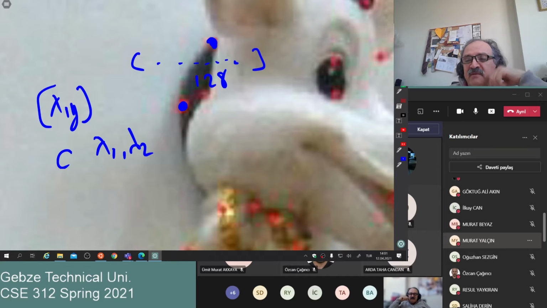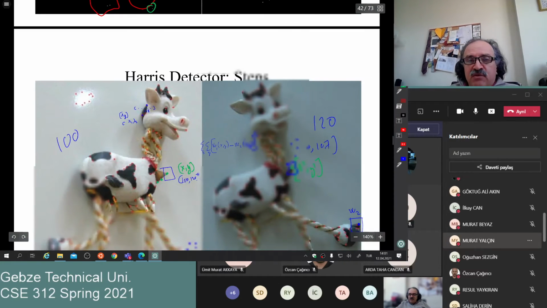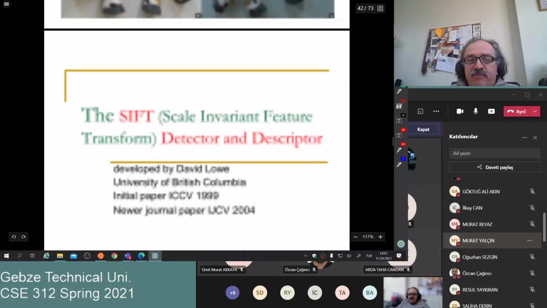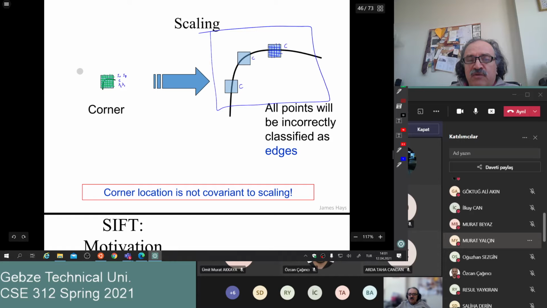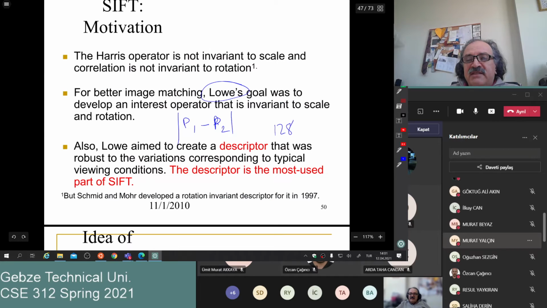These 2 vectors will be independent of rotation, scale, and position in the image. Okay, now it's clear. That's what we call descriptors. SIFT is good for finding the position of the interest point, plus it is good for providing such a descriptor. In fact, the descriptor is the most used part of SIFT.